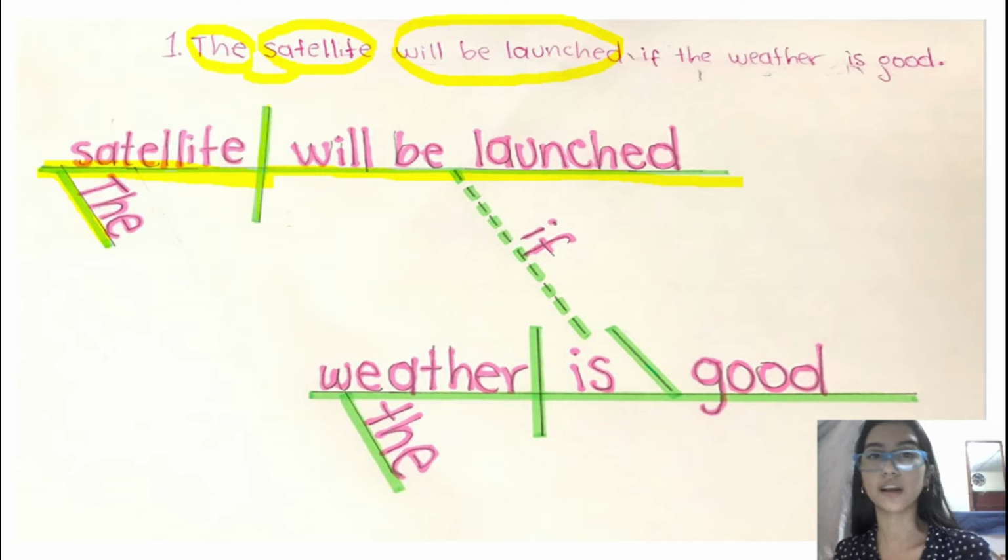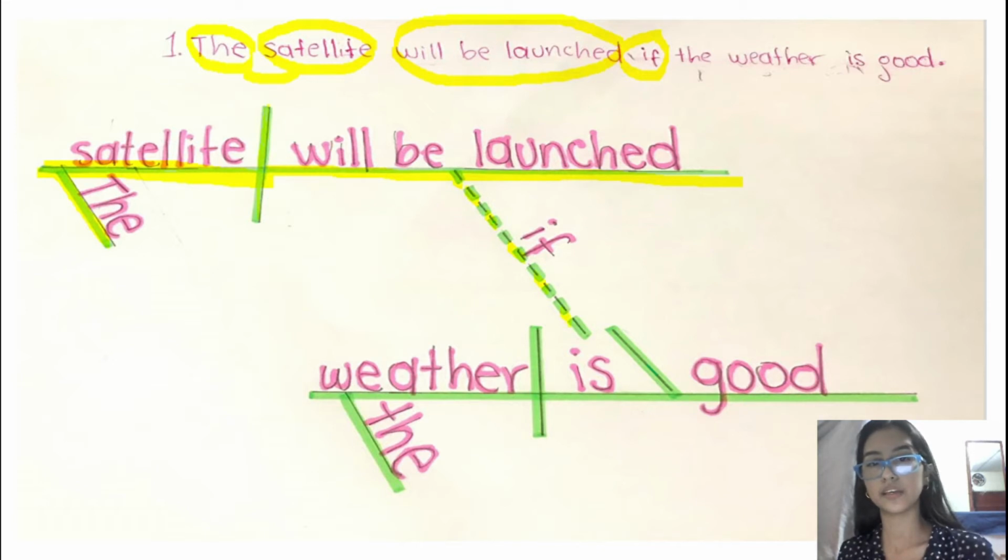Well, having analyzed the independent clause, we are going to analyze the dependent clause. And the dependent clause has a subordinating conjunction, that is if. If is going to be written below the verb of the independent clause on a slanting broken line, as you can see here.